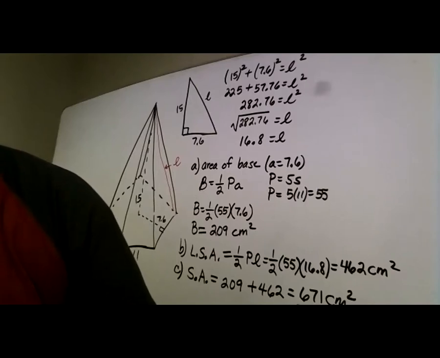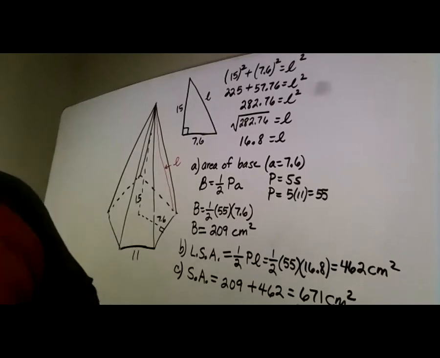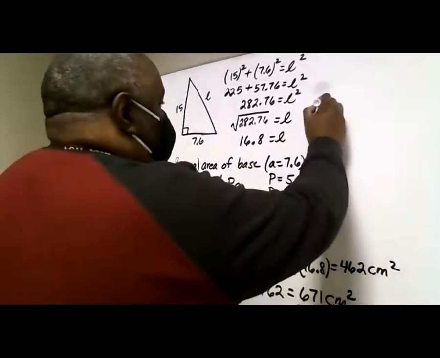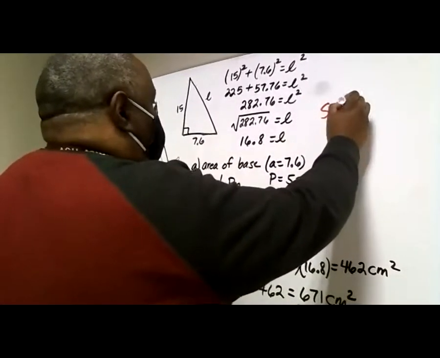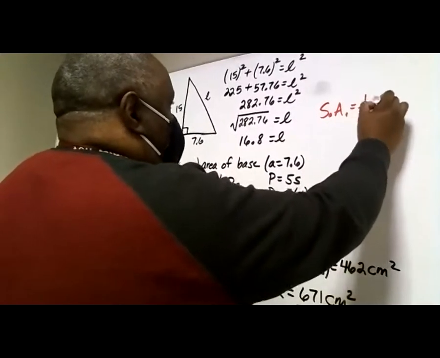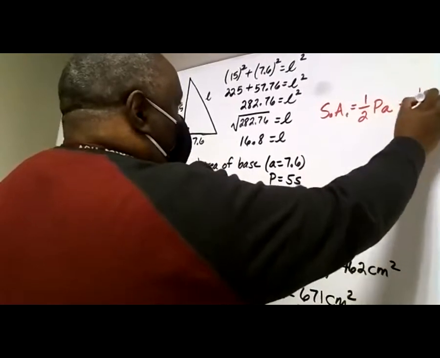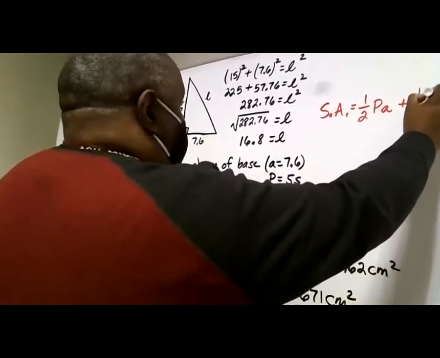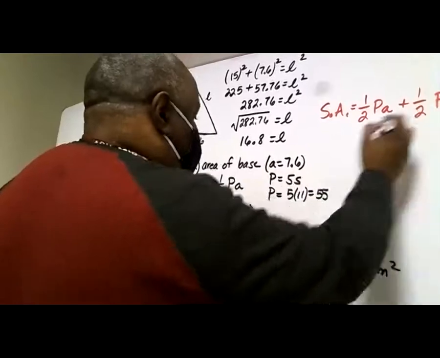So what would be the formula? Oh, for the surface area? Yeah. Okay, here it is. That's 1/2 the perimeter times the apothem plus 1/2 the perimeter times that slant height.